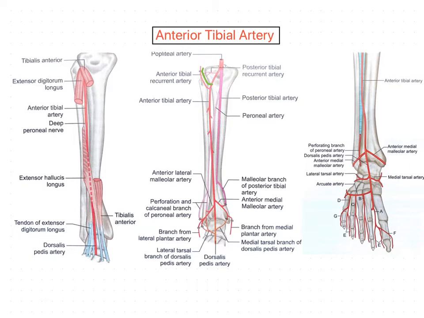At the level of the ankle joint, it gives the anterior medial malleolar artery and lateral malleolar artery. Then the anterior tibial artery continues as the dorsalis pedis artery on the dorsum of the foot.